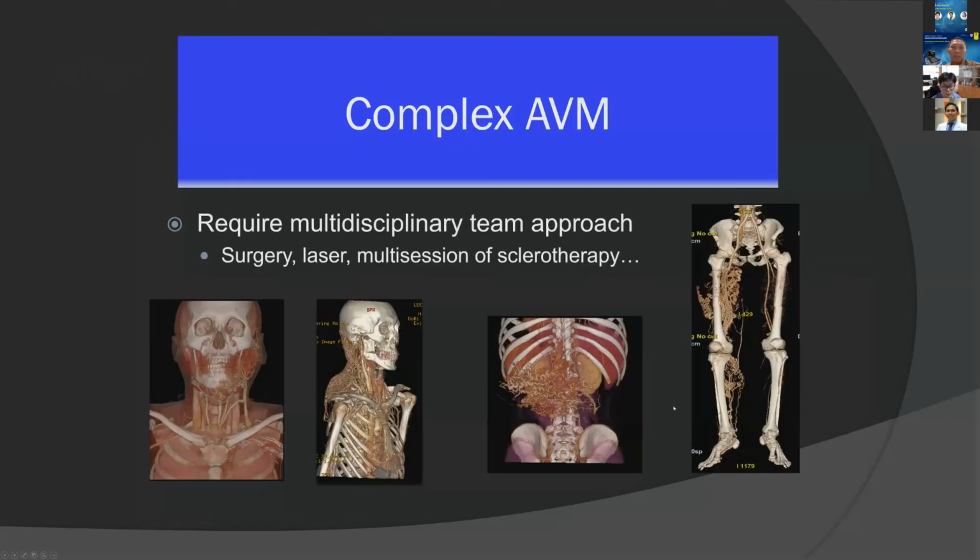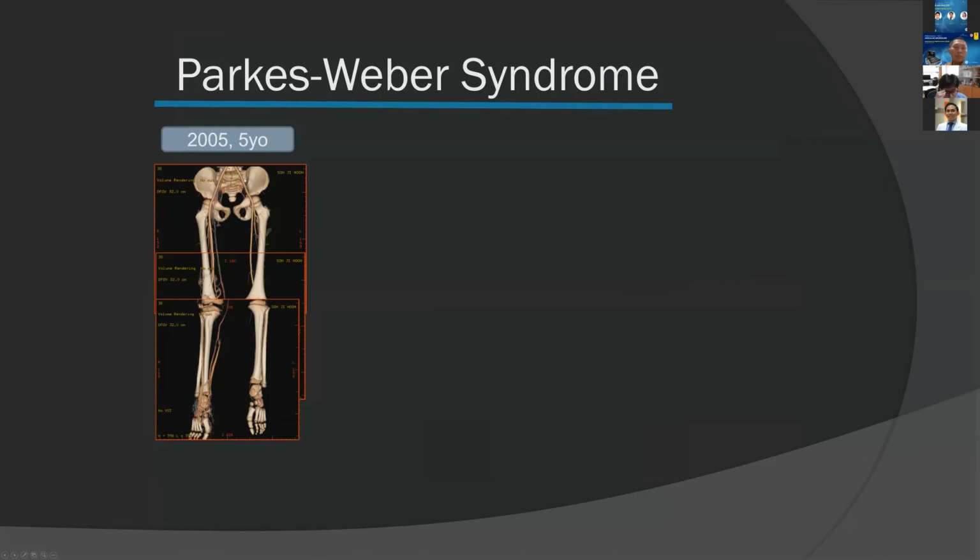Let me show you a case of a complex AVM. A complex AVM requires a multidisciplinary team approach, such as surgical resection, laser therapy, and multiple sessions of sclerotherapy. This patient was diagnosed with Parkes Weber syndrome. In 2005, at 5 years old, there was some AVM nidus on his right leg.